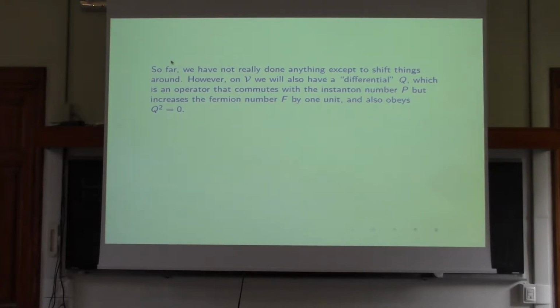However, on this space V, there's going to be more structure. On this space V, there's going to be a differential Q, which is an operator that commutes with instanton number, but it increases fermion number by 1, and it also obeys Q squared equals 0.